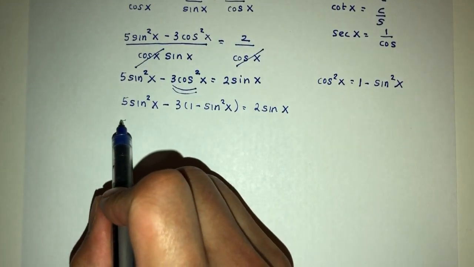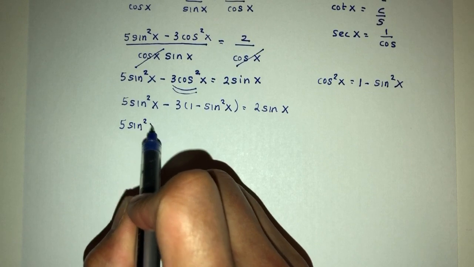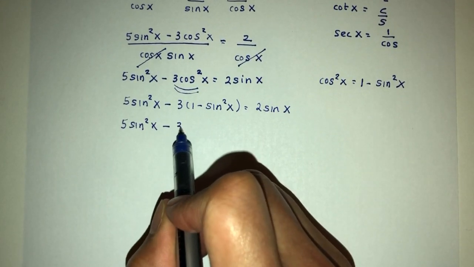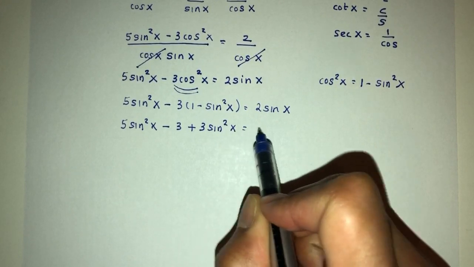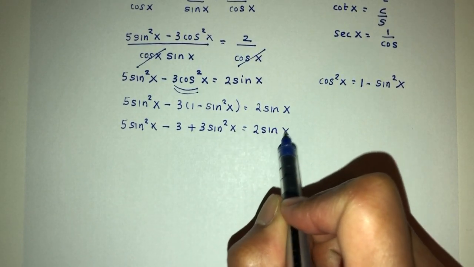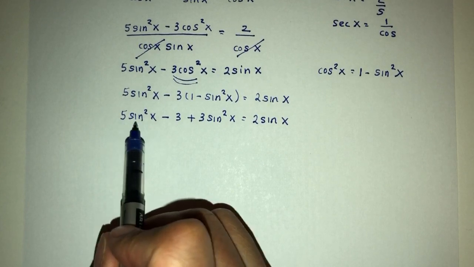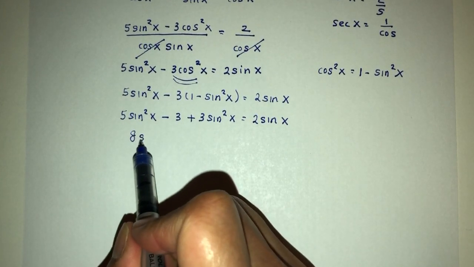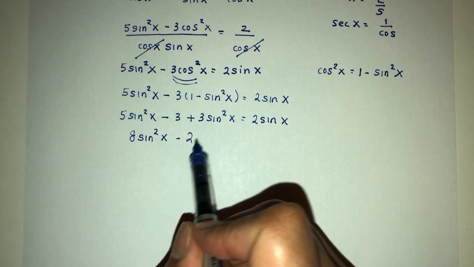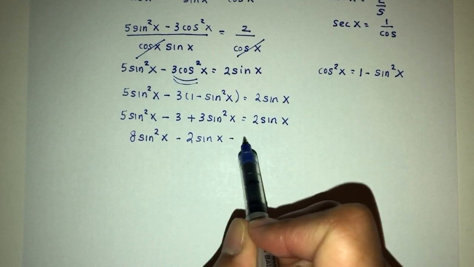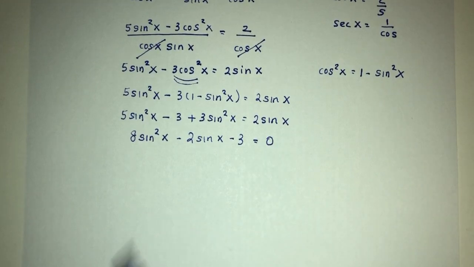Now simplify, you will have 5 sin square x minus 3 plus 3 sin square x equal to 2 sin x. So 5 plus 3 will be 8 sin square x. Send this over here, it will be minus 2 sin x minus 3 equal to 0.